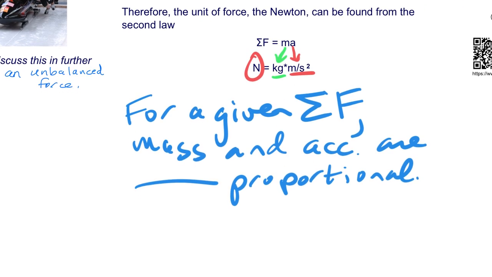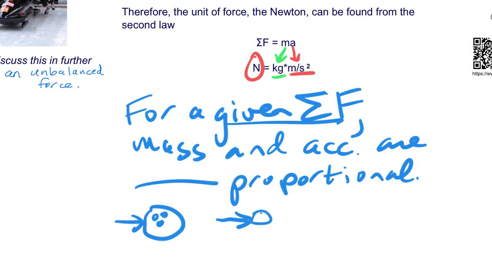If I pushed with a certain force a bowling ball, and I pushed with the same exact force, for a given net force, a tennis ball, which one would accelerate and come off my hand with a bigger speed?